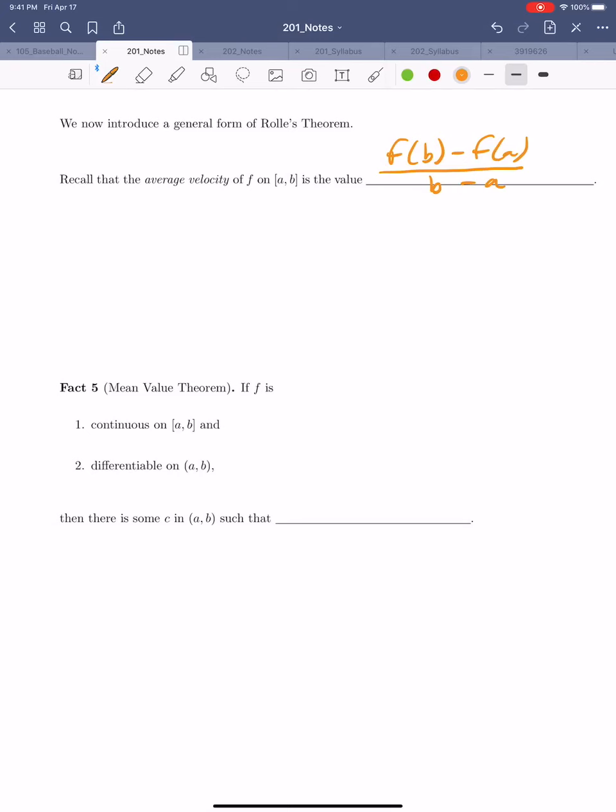And remember that the picture associated with this is something like this. We've got our axes, and we've got some values a and b, x values, and maybe this is f of a. We're just going to assume this function's increasing, but it could be decreasing, for all we know. And maybe we'll make our points right here.